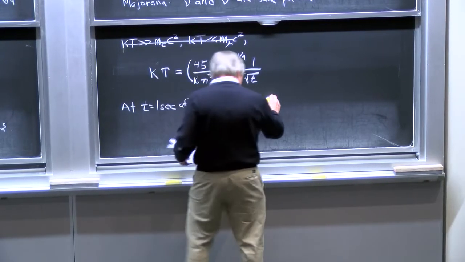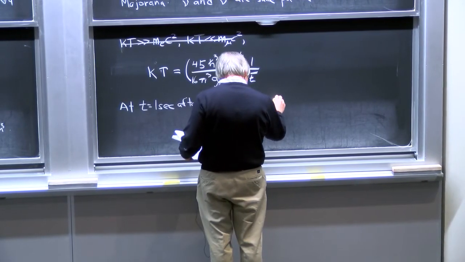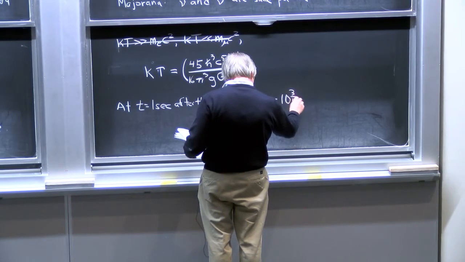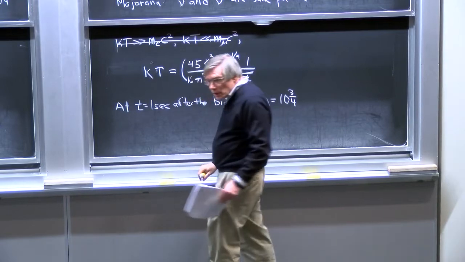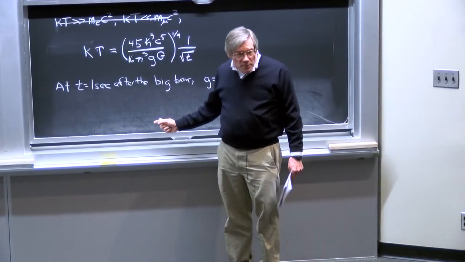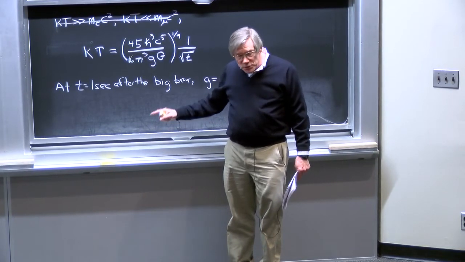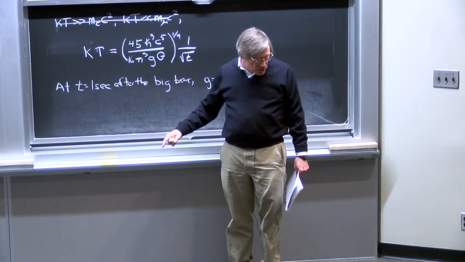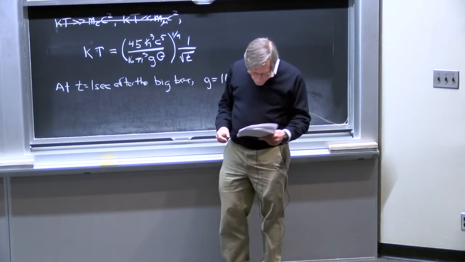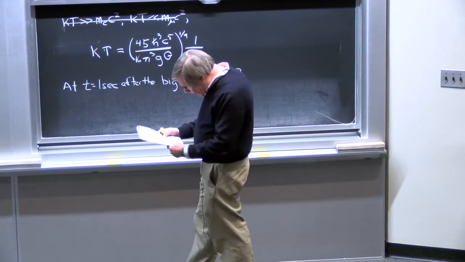And that corresponds to this g equals 10 3/4 that we talked about earlier, where we have neutrinos, e plus e minus pairs, and photons. And since this is before the e plus e minus pairs have disappeared, the temperature of the neutrinos at this stage is still the same as the temperature of the photons. So everything is at the same temperature here. We just add up the g's.